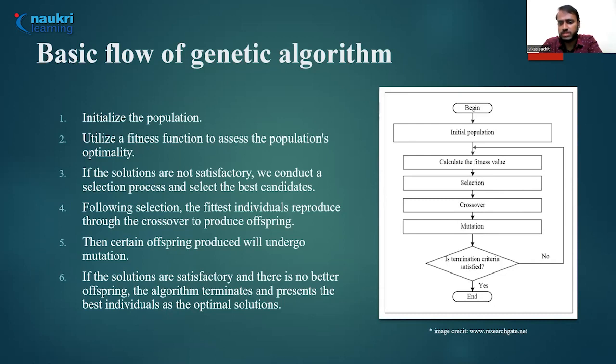If the criteria is satisfied, then we will end the algorithm here. Otherwise, we will go back to the initial population step and repeat this process until our criteria is met. So this is all about how the basic genetic algorithm diagram flows. The same steps I have mentioned in this.